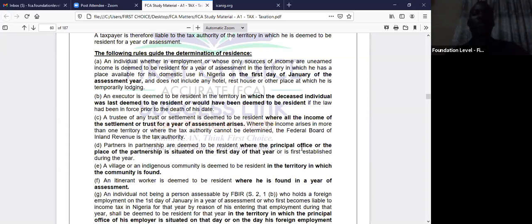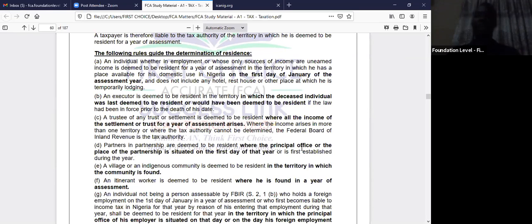Okay, so somebody who is an executor or a trustee is deemed to be resident in the territory where the deceased individual, now that deceased individual is like his principal. He is an agent to that principal. So where that individual who dies was last deemed to be resident, that is where the executor will be deemed to be resident as long as he is enforcing the will.